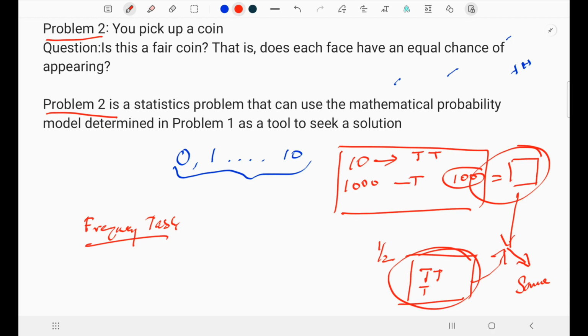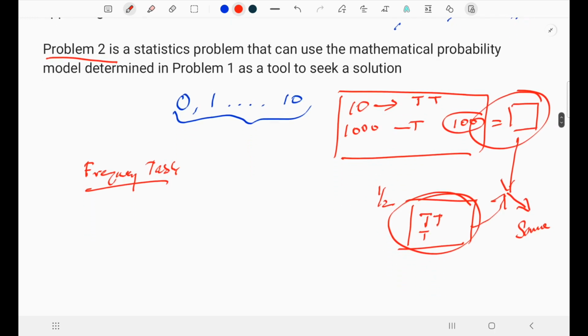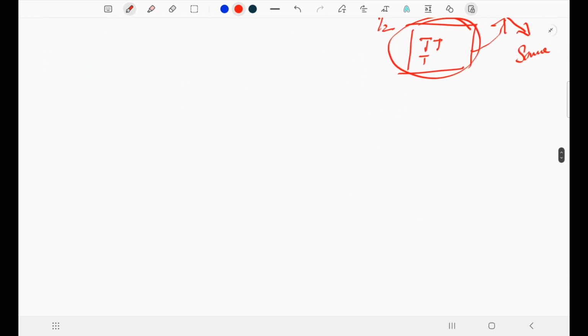Now let me do a small exercise to understand problem 1. For example, question number 1. Statement: 2 fair coins are tossed simultaneously.